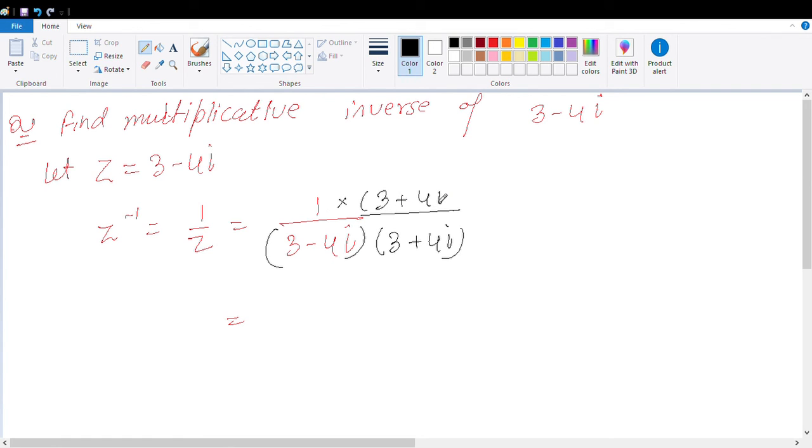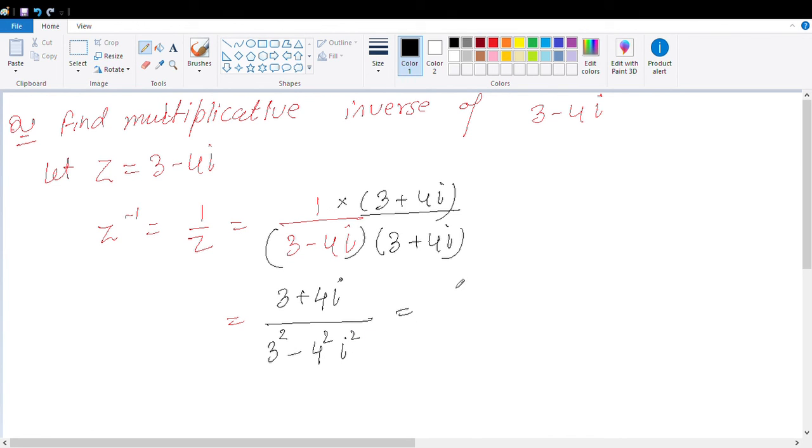Numerator will be the same, 3 plus 4i, and in the denominator you can see again it is in the formula of a minus b into a plus b, so that is a square minus b square.